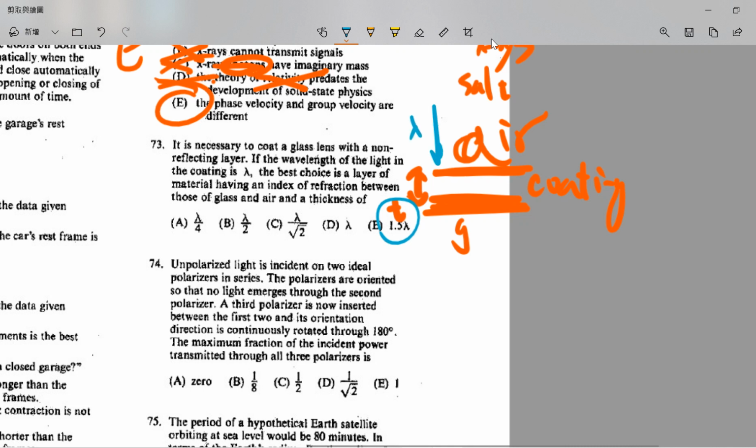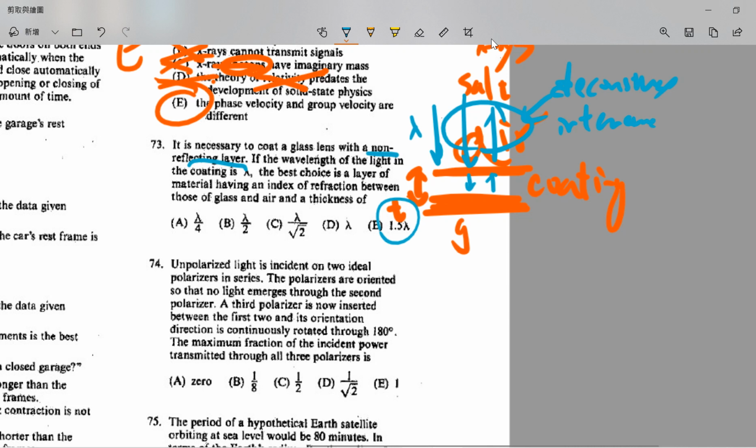Suppose the wavelength is lambda. You want a non-reflecting layer, right? That means if light passes in and goes out, these two reflected rays should have destructive interference.